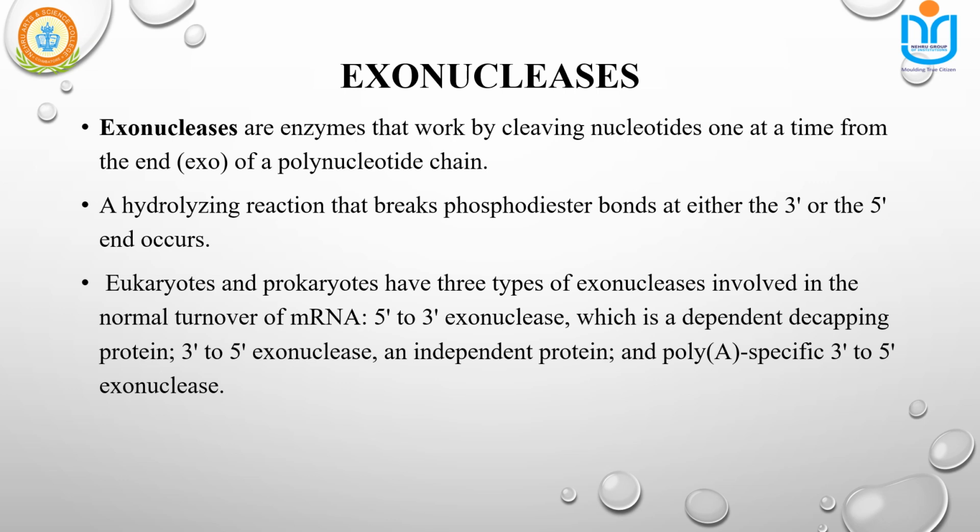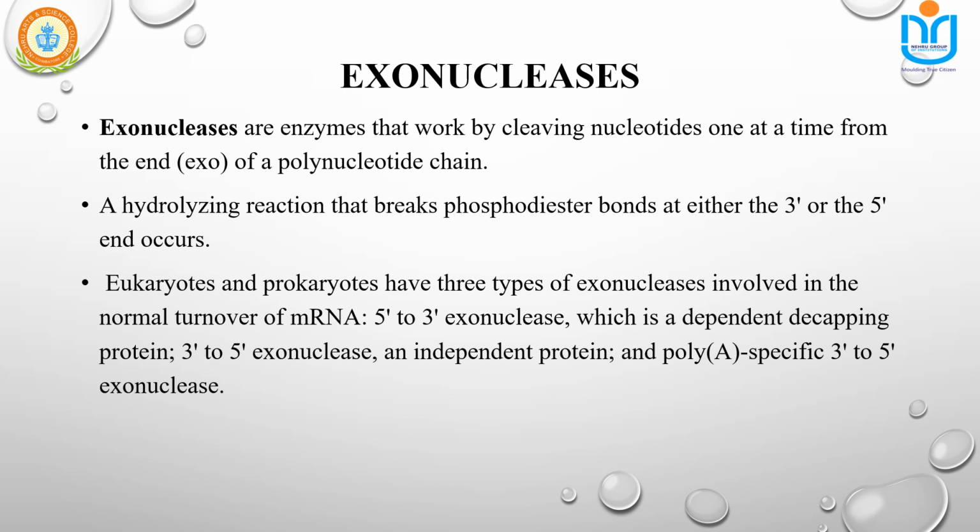Now we come to exonucleases. Exonucleases are enzymes that work by cleaving nucleotides one at a time from the end of a polynucleotide chain. A hydrolyzing reaction that breaks the phosphodiester bond at either the 3' or the 5' end occurs.